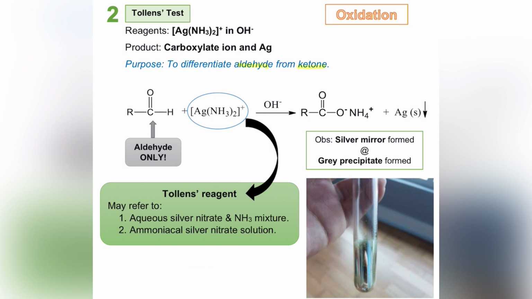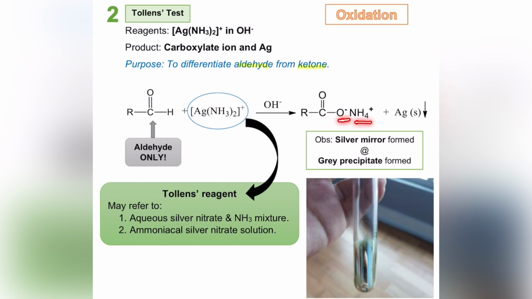When you write the equation, make sure you know how to write it, and don't forget the square bracket and the positive charge, and above the arrow is OH minus. What will happen is you form the carboxylate ion, where you have C double bond O, single bond O minus, and the O minus is a negative charge.